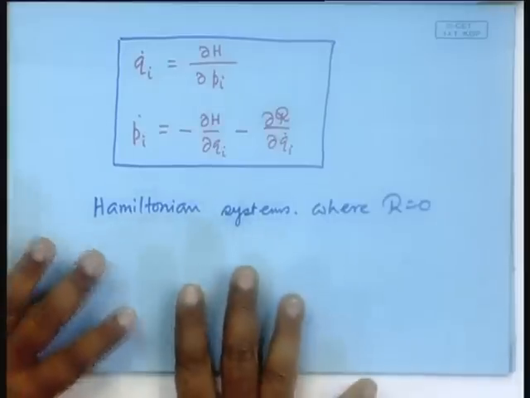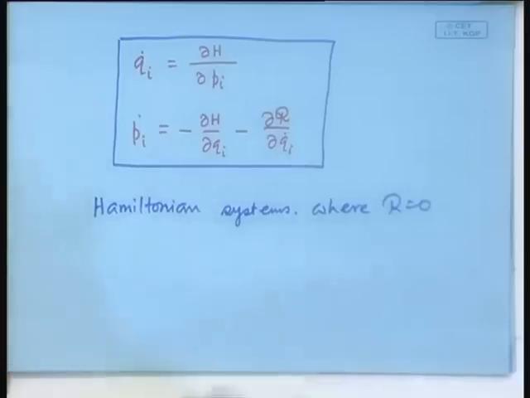Remember, such systems are actually very important. Supposing a scientist is studying the motion of Mars, obviously that is a Hamiltonian system. The friction dissipation is very small. If one is studying the motion of electrons in an atom, Hamiltonian system, we do not have any concept of friction there.